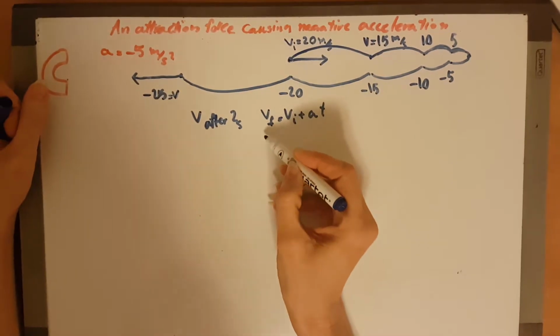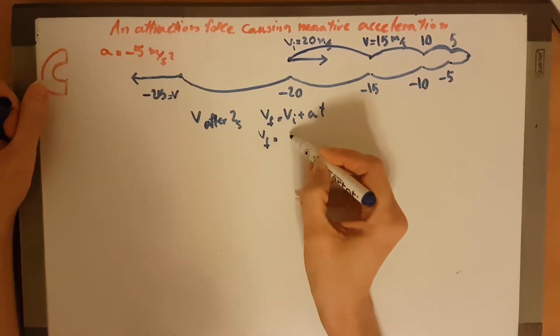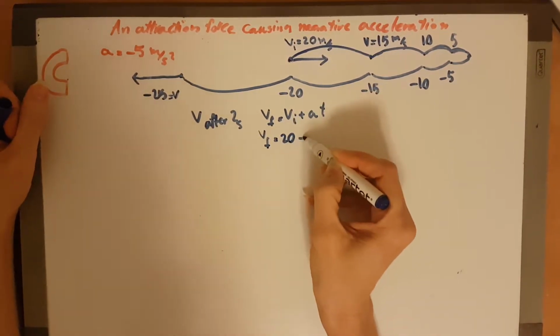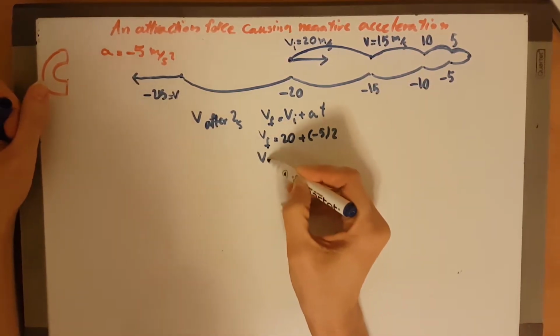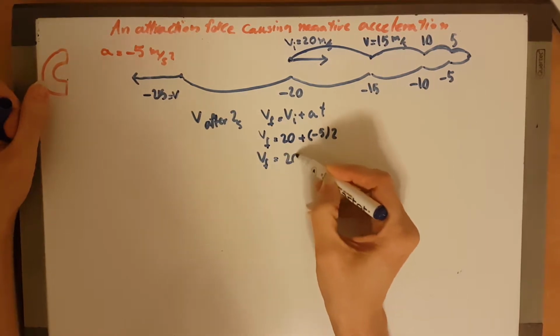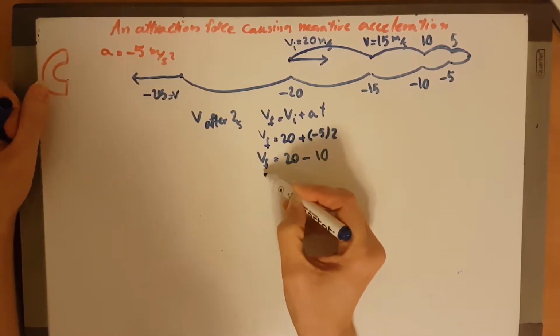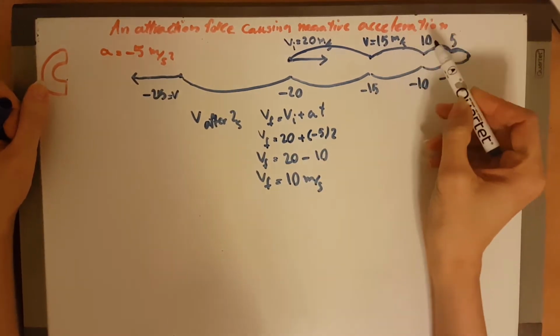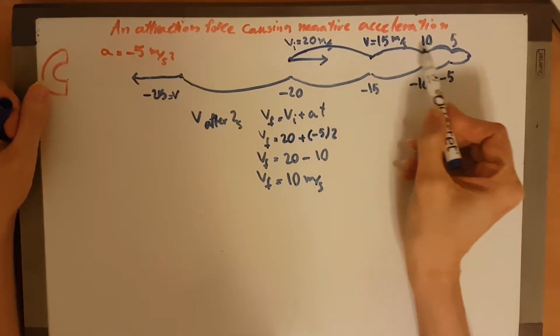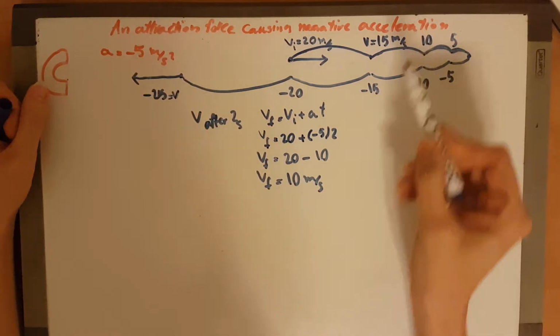This is the formula we are testing. V final would be, of course, I substitute 20, negative 5 times 2. I will have 20 minus 10. I will have V final equals 10 meters per second, which is actually correct. 1, 2 seconds. This is my velocity.